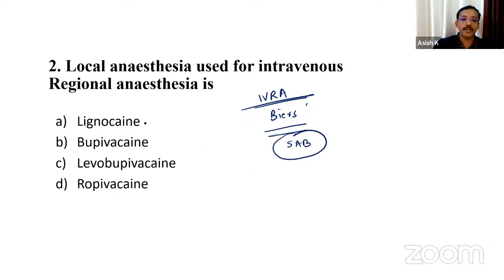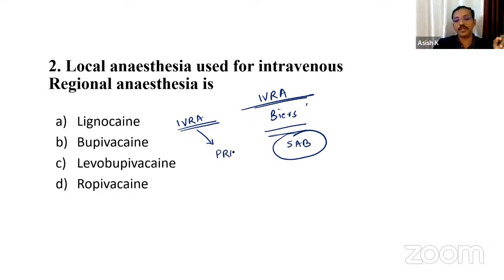And which is the best local anesthetic agent which is used for IVRA, which is intravenous regional anesthesia? Now the agent should not be toxic to the body. That is primarily the best choice. Prilocaine is supposed to be the best one, but prilocaine is not in your options.